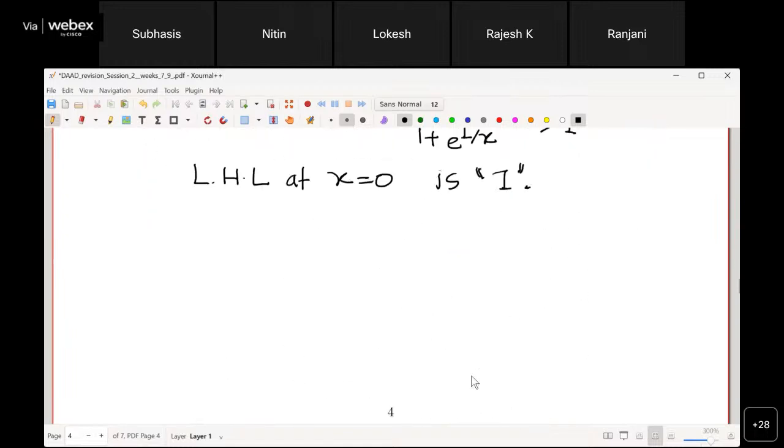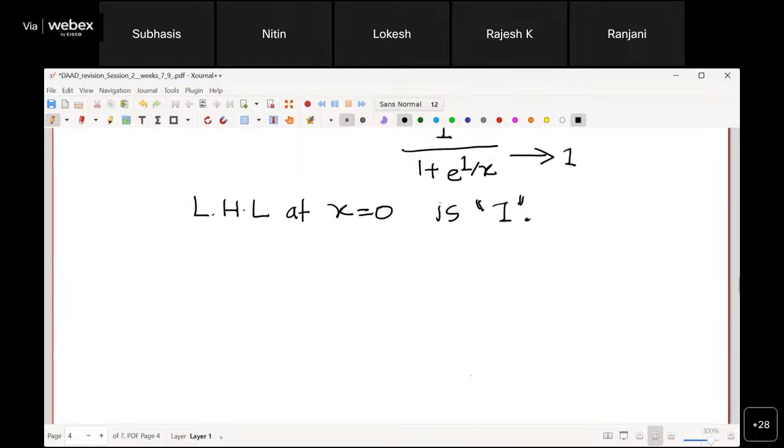The next thing we need to do is find the right hand limit. By the definition, right hand limit basically means we are coming to 0 from the right hand side of 0.